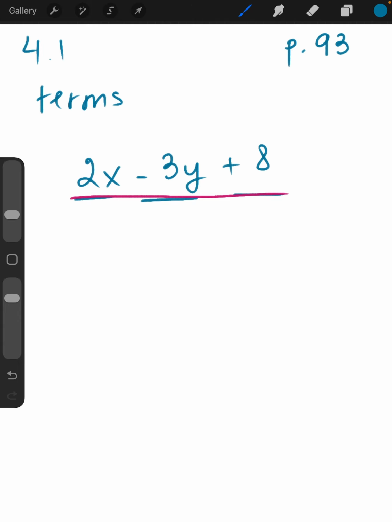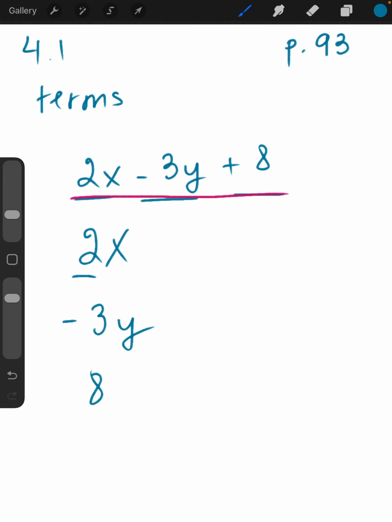Next, the numerical part, including the sign of a term, is called the coefficient of a variable. Okay, the numerical part of the term, including its sign, is called the coefficient. So we've got 3 terms, 2x, negative 3y, and 8.